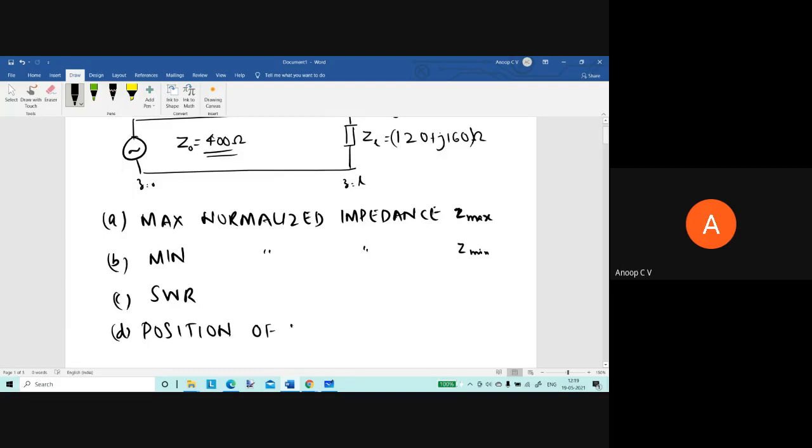Then D is the position of Vmax and Vmin.